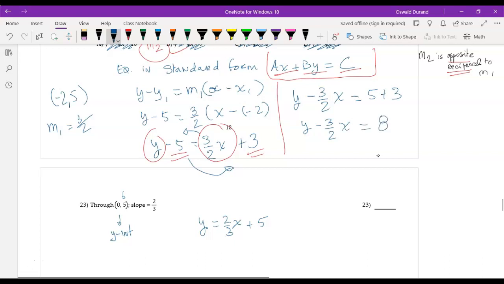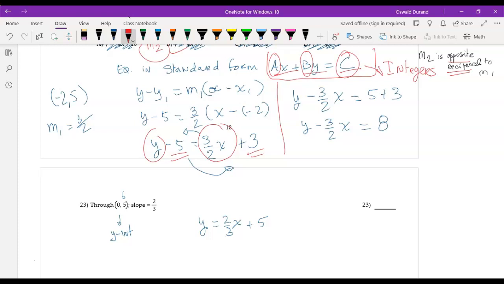Okay, so it kind of looked like the standard form, correct? But not totally, because there is a rule for the standard form, and the rule is a, b, and c must be what? Integers. So integers are what? -1, -2, 1, 4, 5.